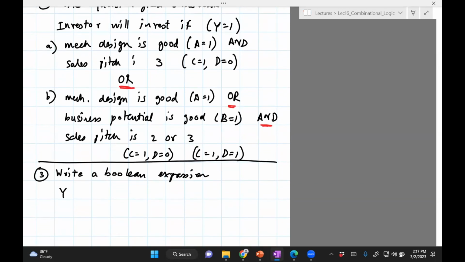So the way you write it is y equals, and the trick here is to write an expression such that you can show that y, the output, comes out to be 1. And the way you can get y equals 1 is by writing this in such a way that when you do the product or sum, it'll come out to 1.